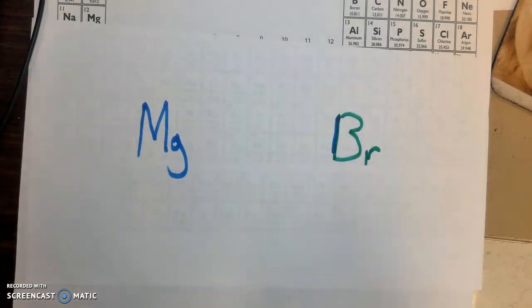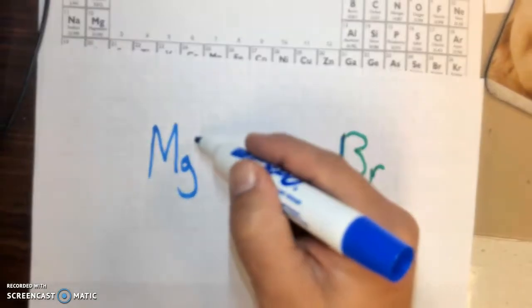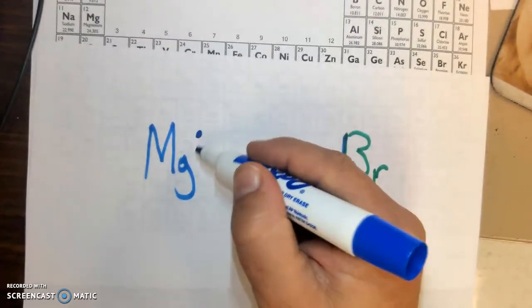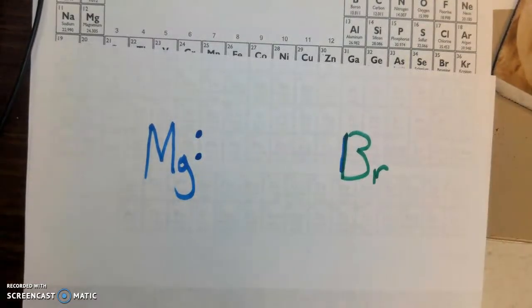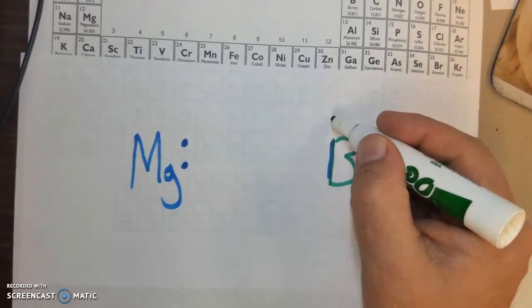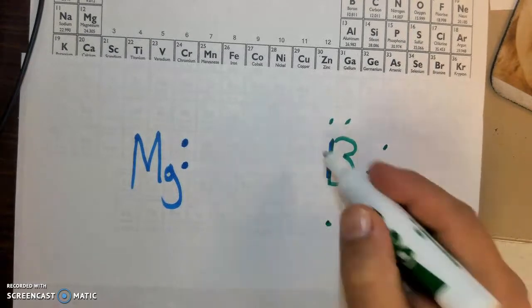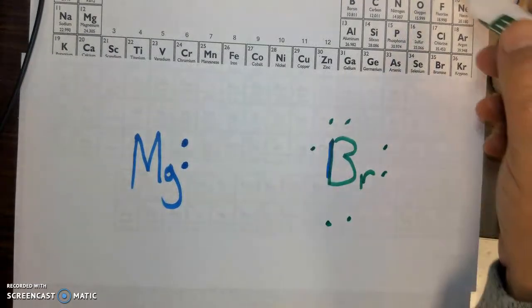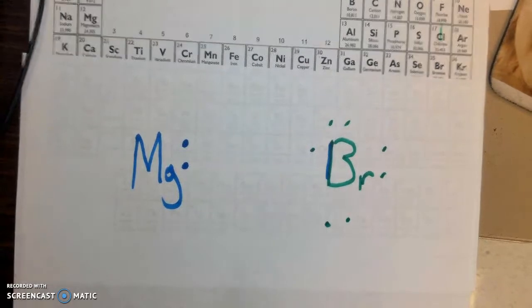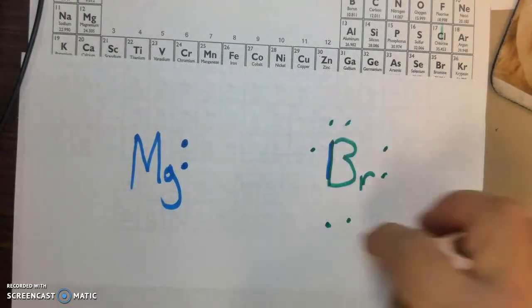Okay, hopefully you paused it. Now we're going to do the answer. So first, what would it look like with its electron dot model? Magnesium is going to have 2, right? Because it's in group 2. Bromine is in group 17, so it's going to have 1, 2, 3, 4, 5, 6, 7. It's lacking 1, right? Things in group 17 have 7.